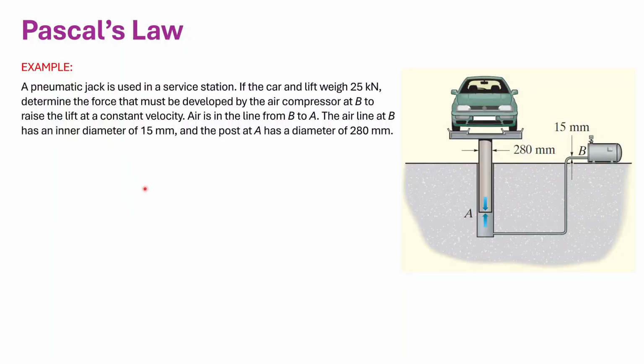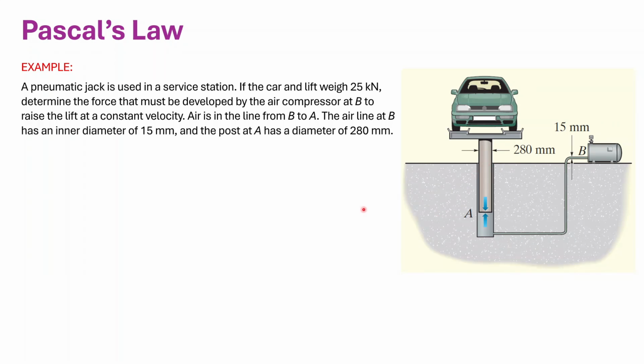Let's have an example that uses Pascal's law. So the question is, a pneumatic jack is used in a service station. If the car and lift weigh 25 kilonewtons, so the weight of the car and the lift together is 25 kilonewtons, determine the force that must be developed by the air compressor at B to raise the lift at a constant velocity.